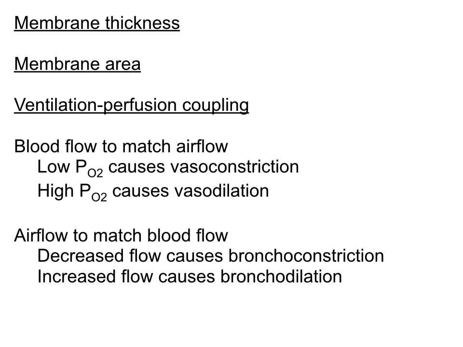Now you can also adjust your airflow to match blood flow. For example, if you have decreased blood flow to a lung region, you will trigger bronchoconstriction. So that means your bronchioles are going to constrict, meaning you're going to have a decrease in airflow to areas where there is less blood flow. If you don't have a lot of blood flow, it means that you would have less diffusion in that area.